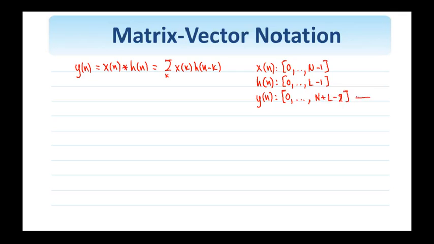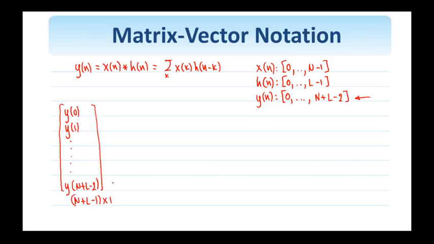I would like to consider all the values of the signal y and stack them into a vector. So I'd like to form the vector y0, y1, all the way to y of n plus L minus 2. So this vector is an n plus L minus 1 by 1 vector.